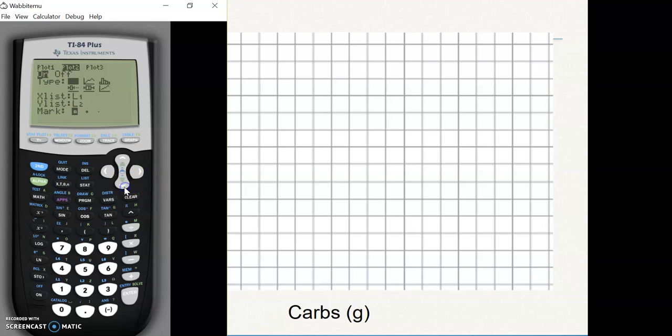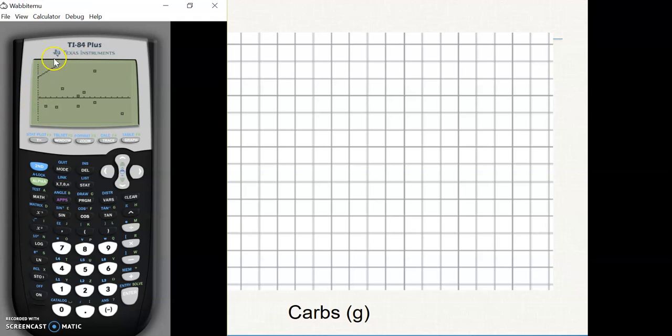Right now it's on, and we've got our dot plot. Our x values are still in list 1, the same x values as before. But this time for our y list, we need to put our residuals in there. So 2nd, number 3 gives us L3. And then we go to ZOOM, 9 for ZoomStat.